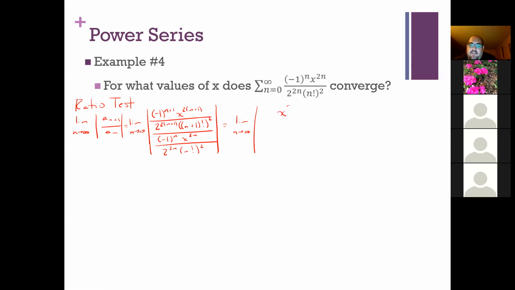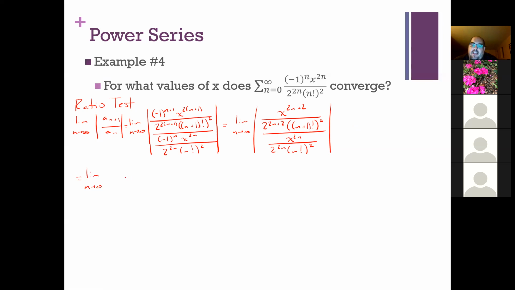So I have x to the 2n plus 2 over 2 to the 2n plus 2 times this factorial squared over x to the 2n over 2 to the 2n times n factorial squared. And I think the suggestion I got before was to start pulling apart these exponents.